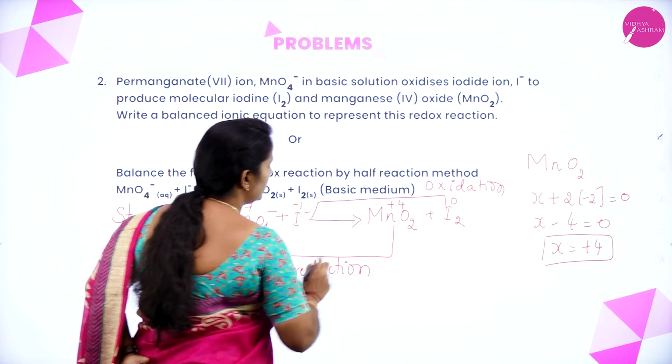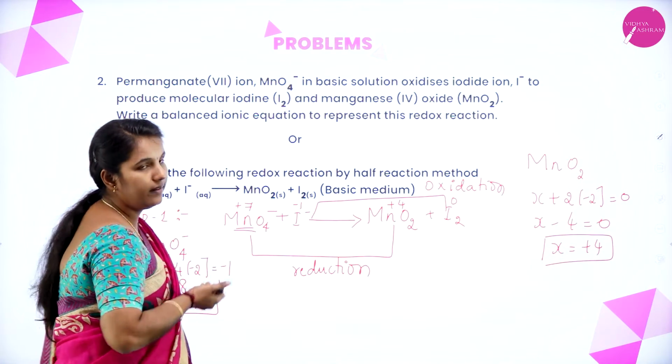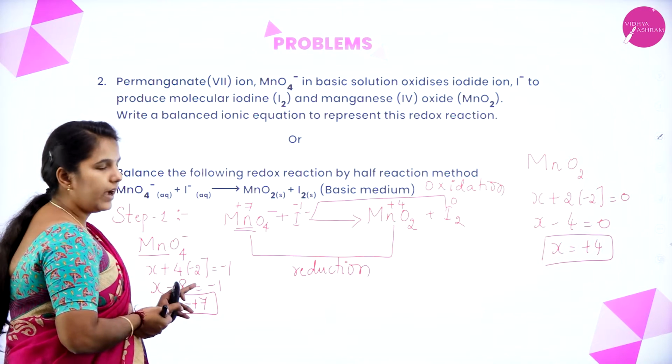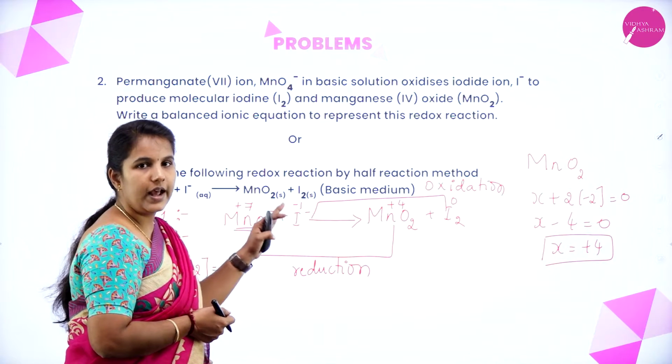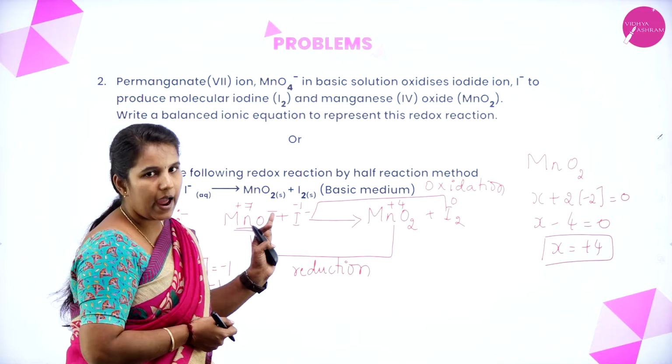Because the oxidation number of I changes from -1 to 0. It has increased. So it is oxidation. This is the first step: you need to identify the oxidation and the reduction taking place in the entire redox reaction.